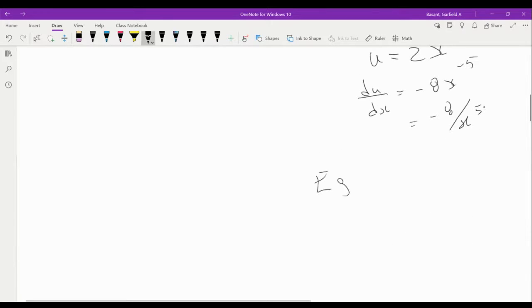Let's do one more. How about if u is equal to the cube root of x squared plus 3? Anyone?